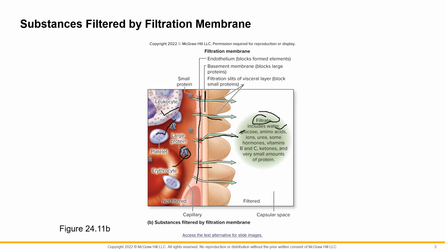It has glucose, which is a blood sugar. It has small amino acids, ions, urea, some hormones, and very, very small amounts of protein. So this includes stuff that you need, as well as stuff that eventually is going to get excreted out.